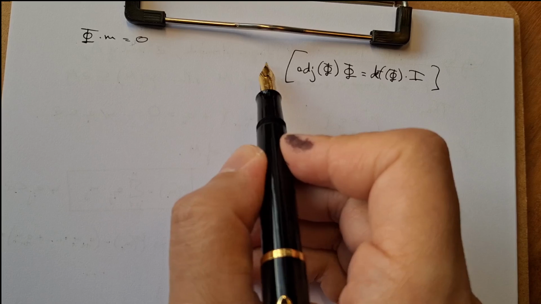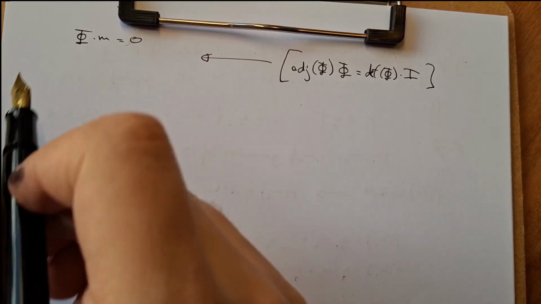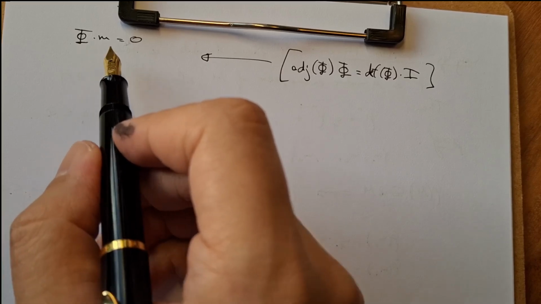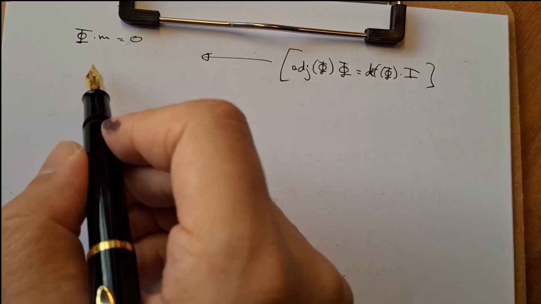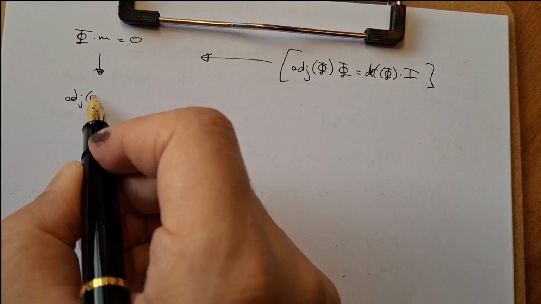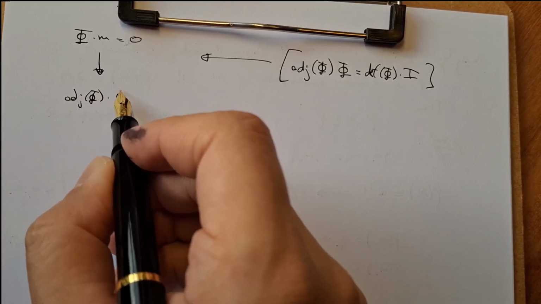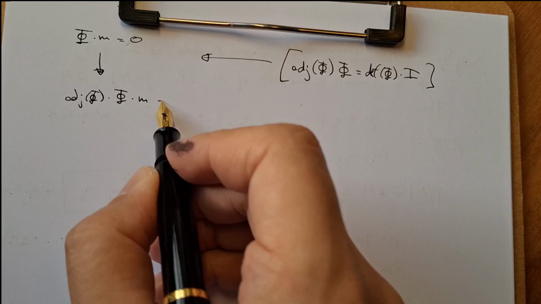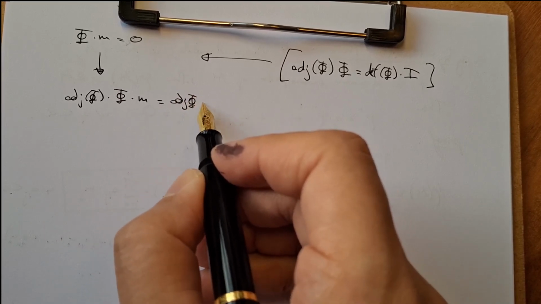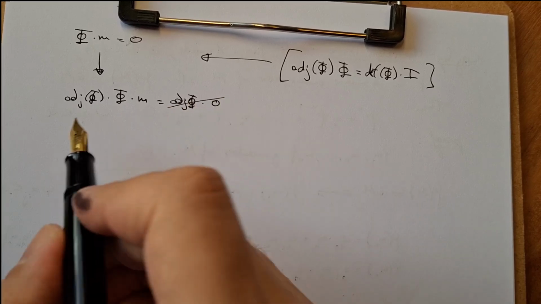So let's apply this to our previous equation. We are going to multiply both sides by the adjugate. So what we have is adjugate of psi multiplied by psi multiplied by M equals the adjugate of psi multiplied by 0. This just goes to 0.